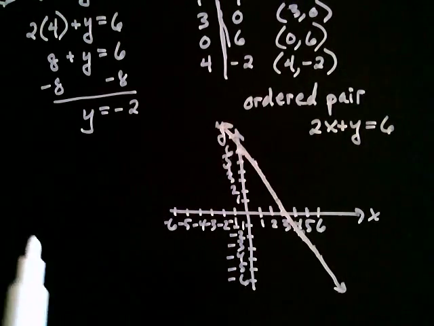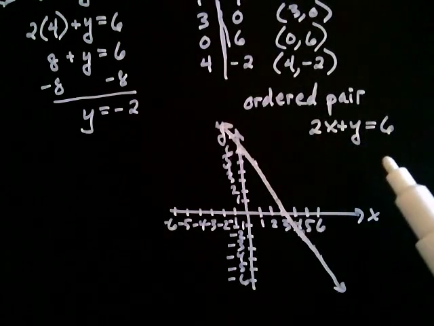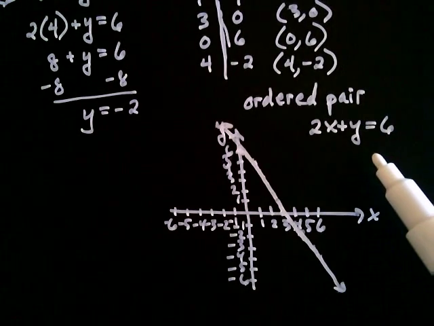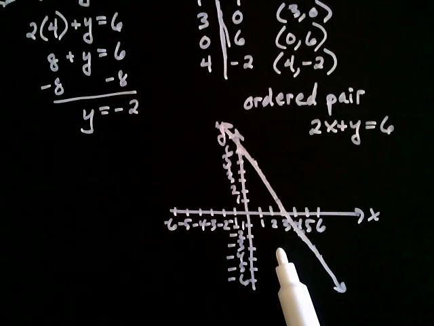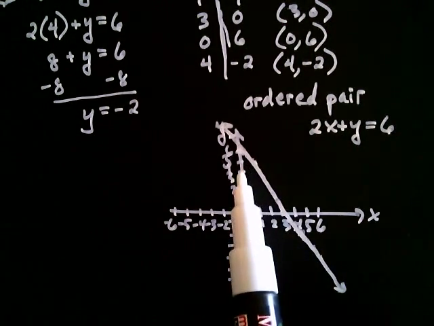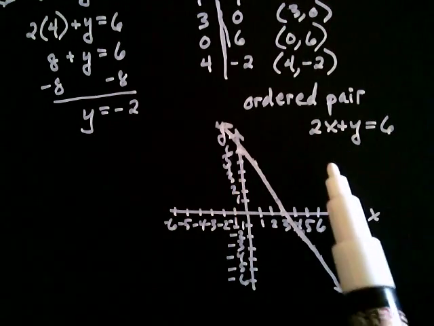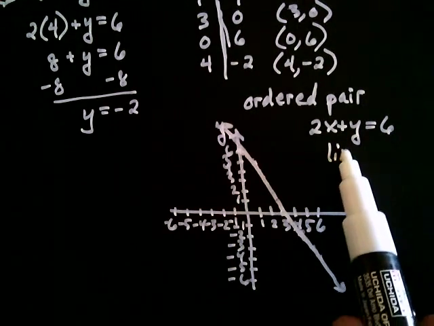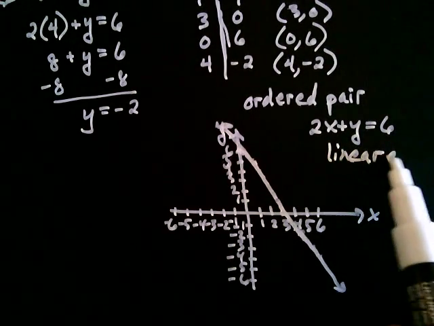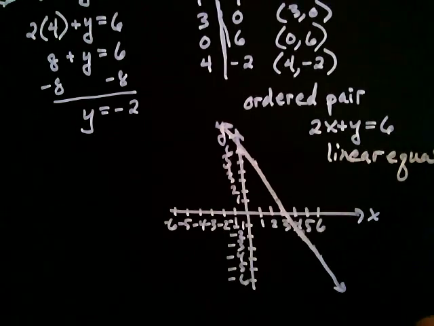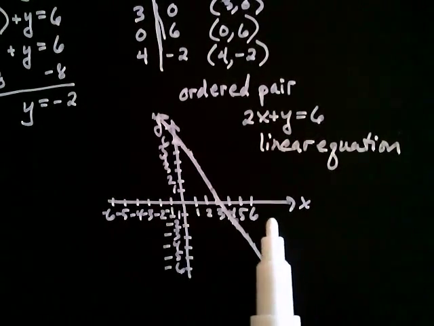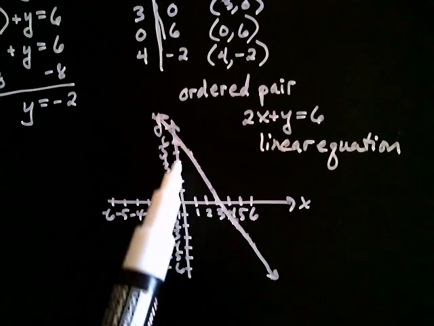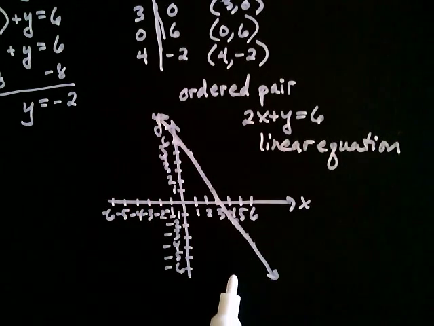So what I'm noticing is that if I take the ordered pairs that make this equation true and plot them on a rectangular coordinate system, I end up getting a line. And that's exactly why this is called a linear equation in two variables: when you plot the ordered pairs that make it true, you end up getting a line. We'll graph lines more in upcoming videos.